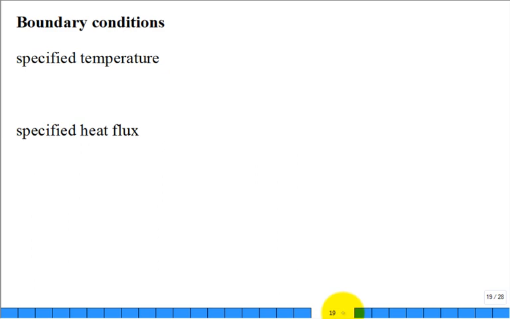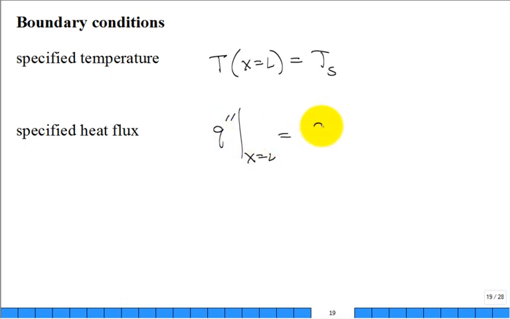Boundary conditions. Once you have the PDE, you need boundary conditions. For example, the temperature at X equal to L is equal to a specified value, Ts. Or the heat flux, which is q double prime, at X equal to L is equal to a specified value, Qs.